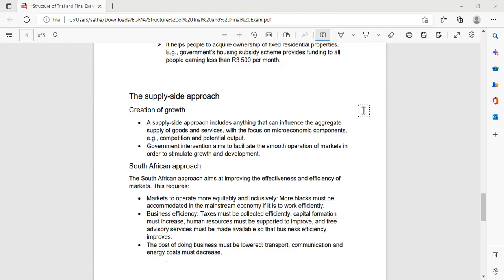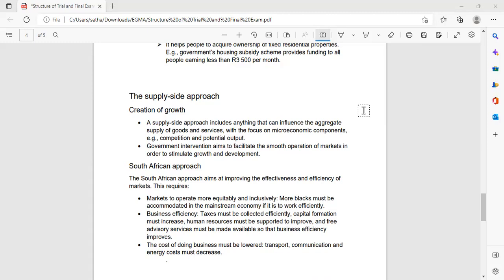This relates to BBEE. Business efficiency. Taxes must be collected efficiently. Capital formation must increase. Human resources must be supported to improve, and free advisory services must be available so that business efficiency improves.